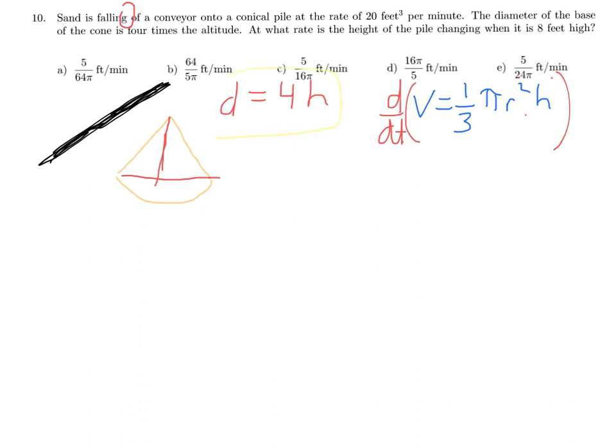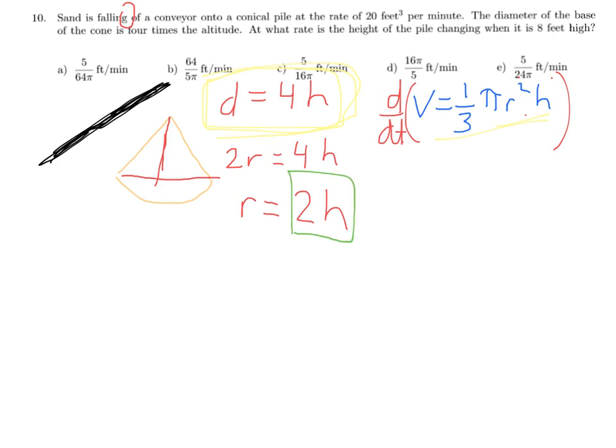That the diameter is 4 times the height. Well, diameter is not part of our equation, so let's change that to 2 times the radius is 4 times the height, which means the radius is equal to 2 times the height. This would also mean the height is 1/2 the radius, but since this problem is all about height, I'm going to use this equation so I can substitute 2h in for my radius and write my volume equation all in terms of height.